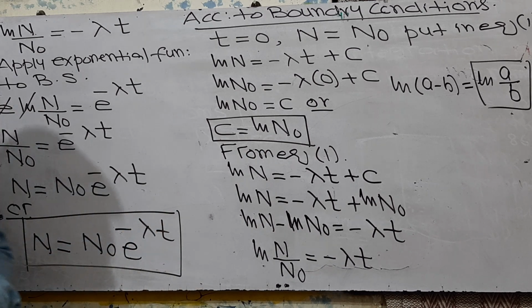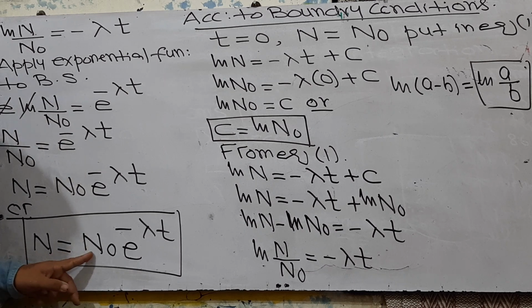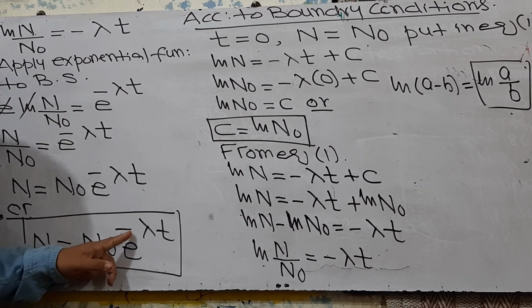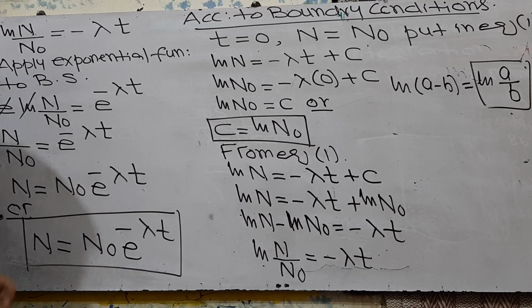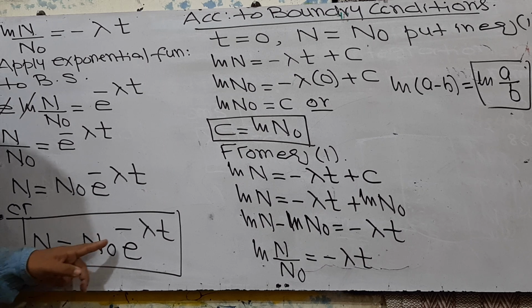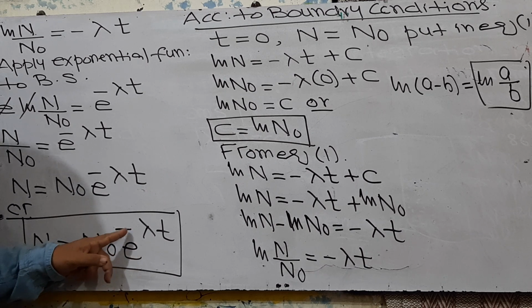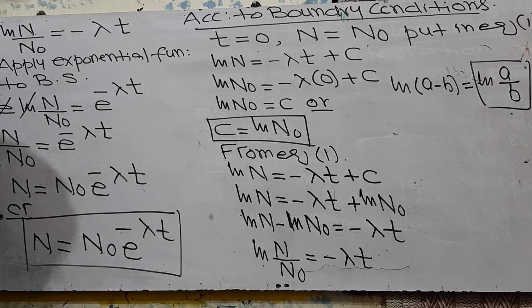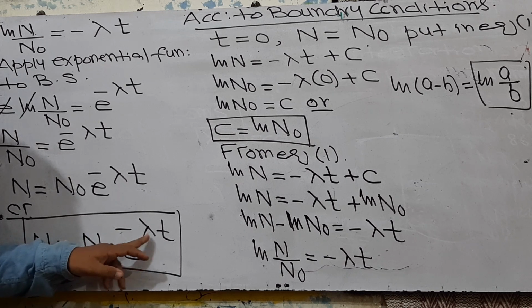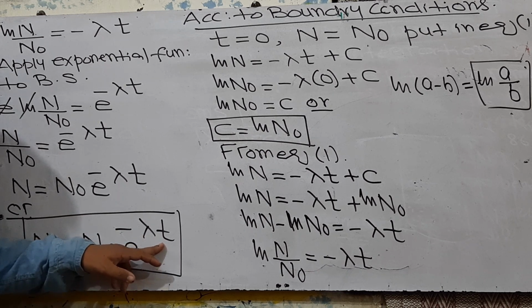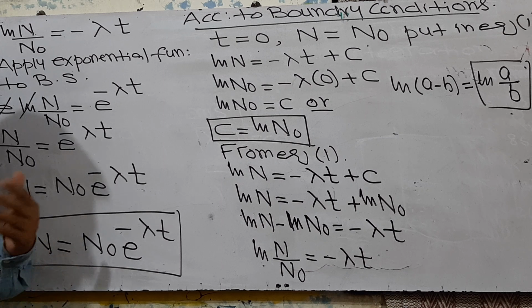Dear students, this equation is N is equal to N naught e to the power minus lambda t. As I told you earlier, N is the remaining number of atoms, N naught is the original number of atoms present, lambda is the decay constant, and t is the time in which the disintegration happens.